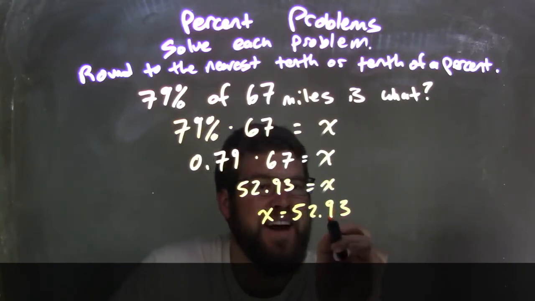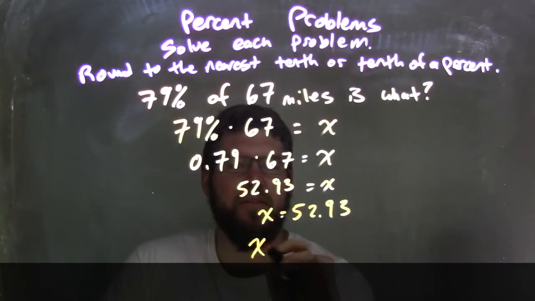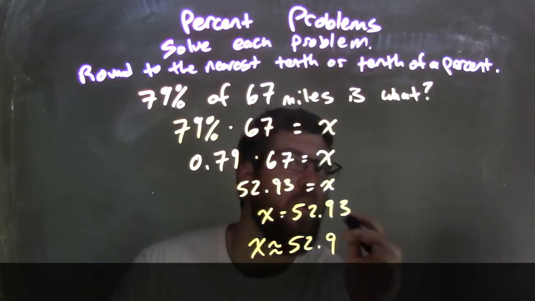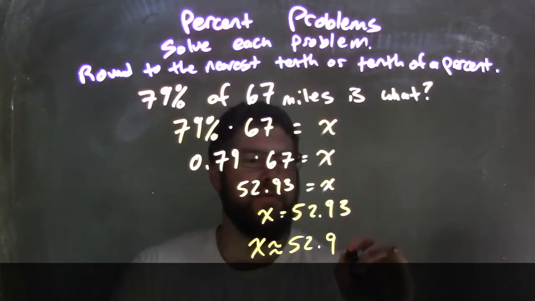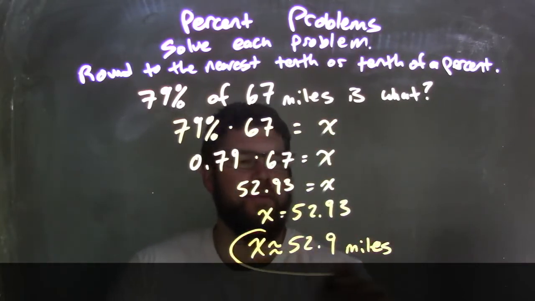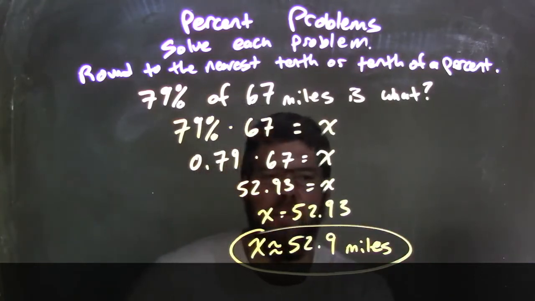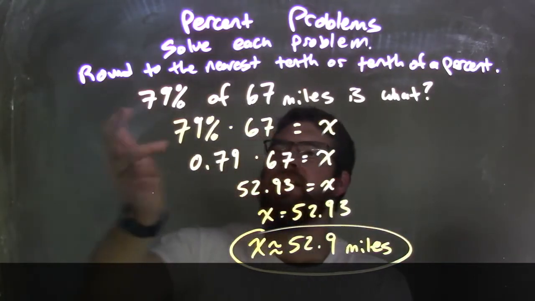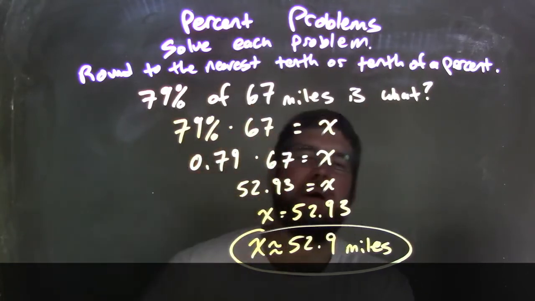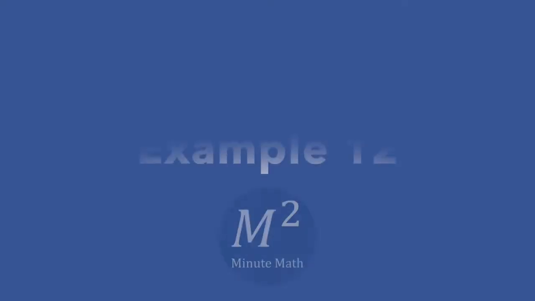The 3 causes the 9 to stay where it is. So we have x is approximately 52.9. Now, our units, 52.9 what? Miles, can't forget that. So our final answer is x is approximately 52.9 miles. And it answers the question: 79% of 67 miles is 52.9 miles.